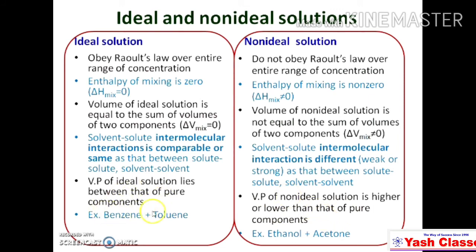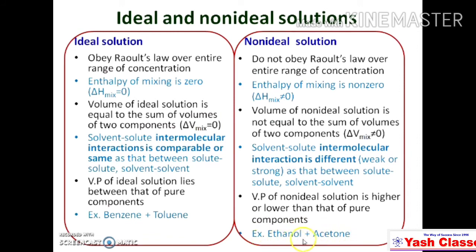Now, an example of an ideal solution is a mixture of benzene and toluene. Interacting forces are the same between the two molecules. Delta V is 0, and delta H mixing is also 0 when we prepare a solution of these two components.